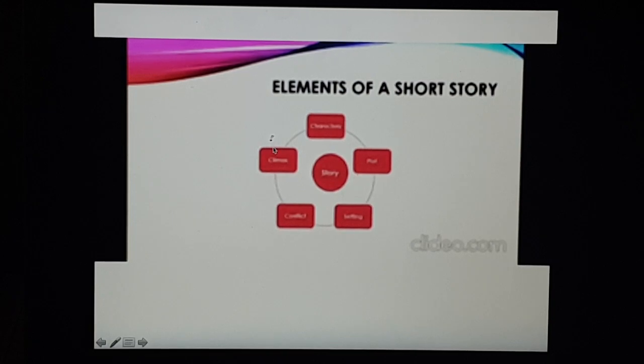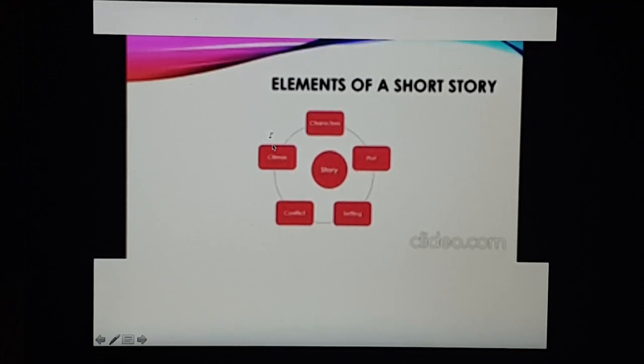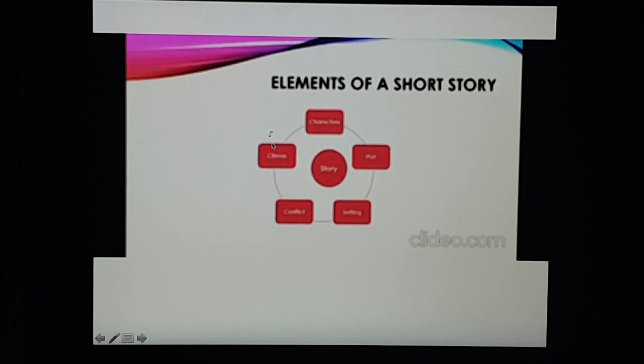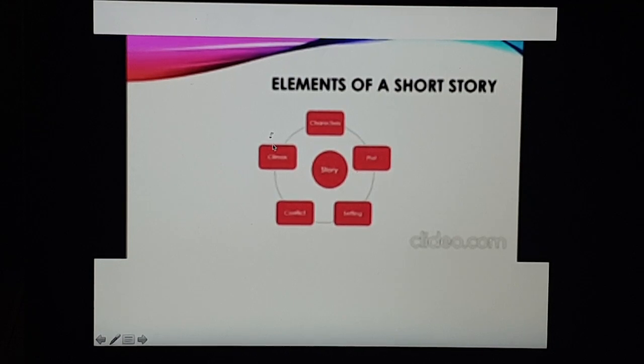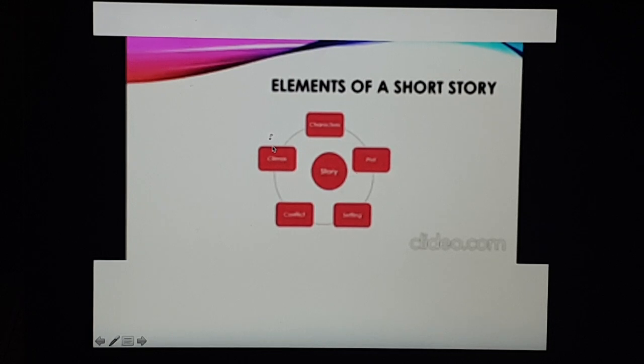Then there is the conflict. Conflict is the interesting part of the story. So there is a plot, of course, but there is conflict also, in which the writer tries to hold the interest of the reader, because we see the conflict, and then we get interested in knowing the consequences of that conflict and what happens in the end, and whatever happens brings on the climax of the story, the most interesting part of the story.